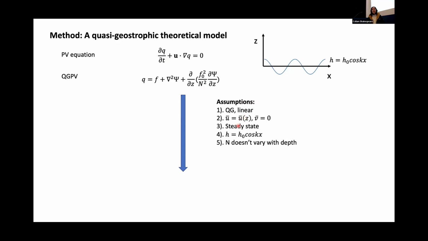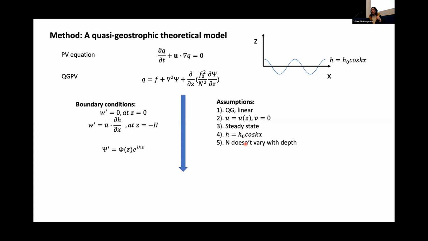We further simplify the computation by making the bottom topography one-dimensional with this cosine shape, and K is the wave number of our bottom topography. We also assume stratification doesn't vary with depth. And the boundary condition is just vertical velocity is 0 at the surface and follows topography at the bottom.